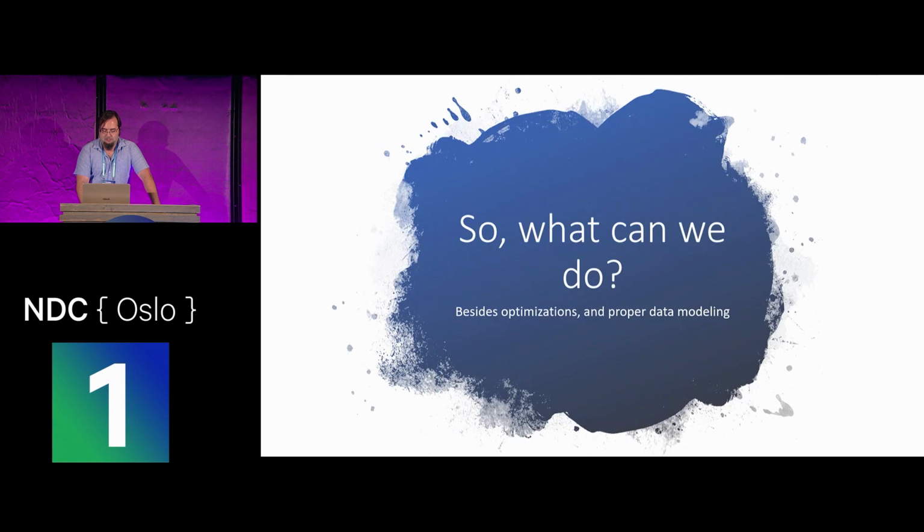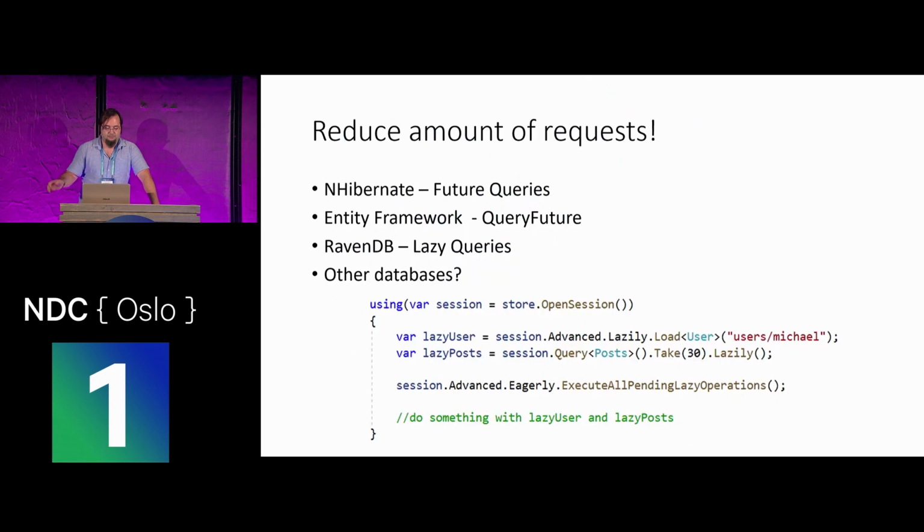So a couple of things that we can do about it. This is something I've seen often overlooked. Various ORMs and various databases, such as ours, shameless plug, I know, have an ability to do something that's usually called future queries, which essentially accumulate several queries and group them in one request.